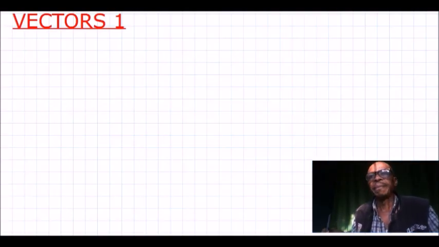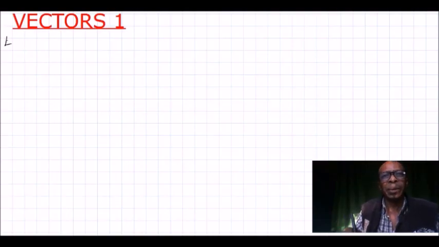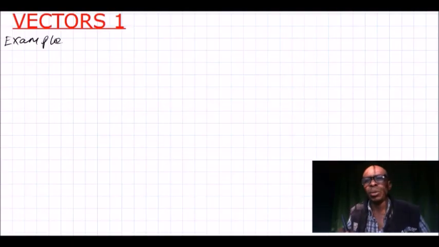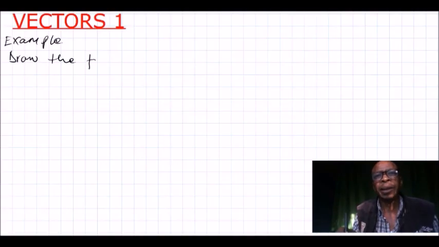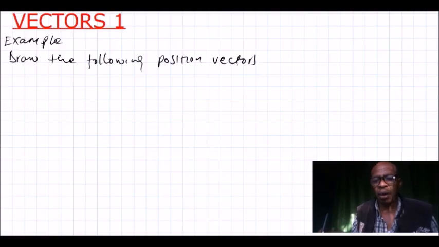So we start the lesson with an example. In our example, we are told: draw the following position vectors on square paper.